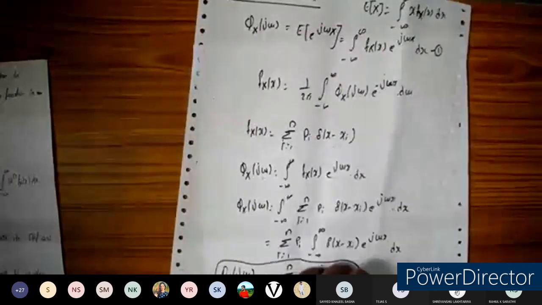You can take the nth moment of the characteristic function.